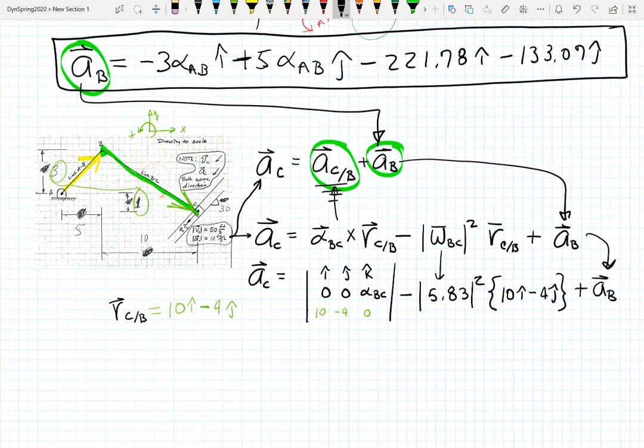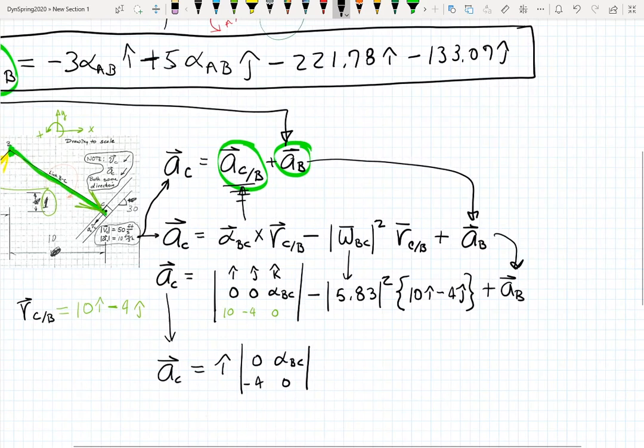Next thing, I'm just going to carry down the acceleration C, deal with it later. I get an i. In the i, I'm looking at these terms: 0, minus 4 alpha BC, and 0. Minus, because it's cofactor expansion.